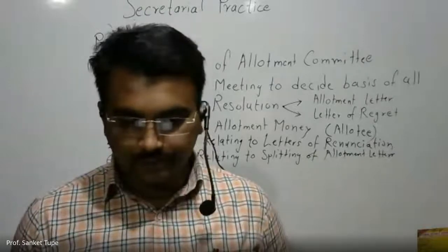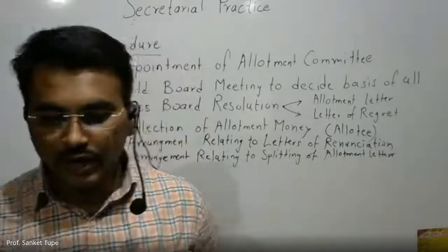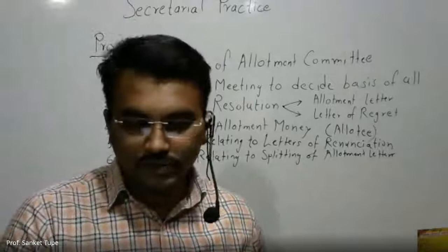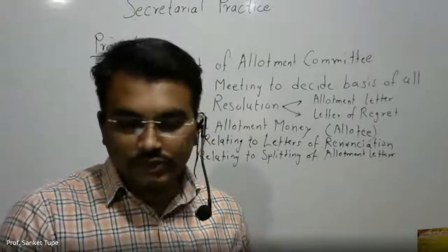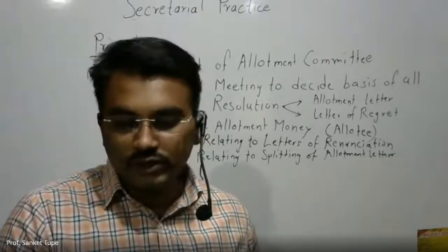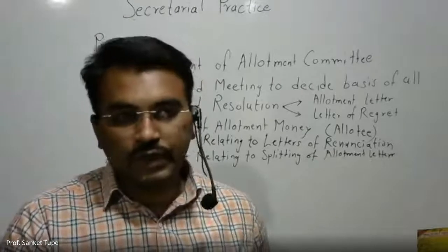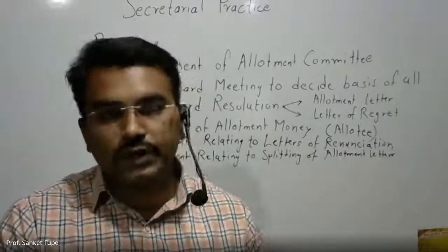Then after getting the approval of the board of directors for the splitting, the secretary enters the details of the split into the list of split allotments. That means the shares are divided.